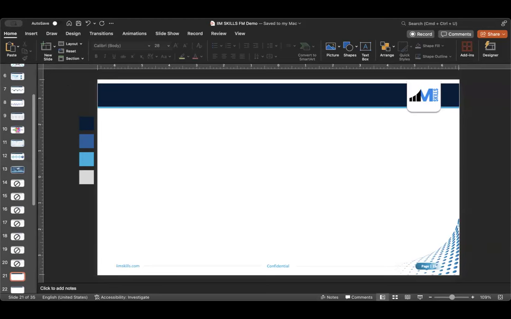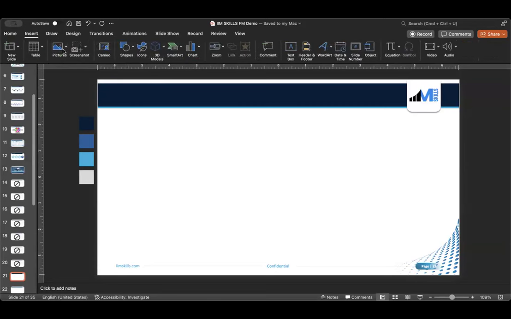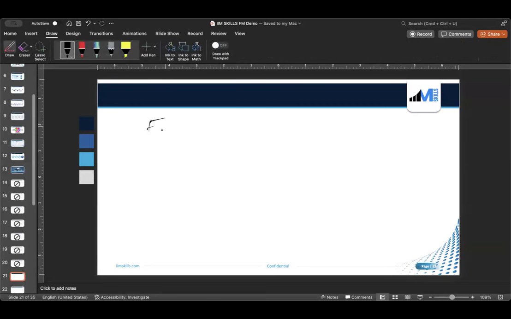Before we start with that, do you mind telling me what's your understanding of financial modeling? What is the thing that comes to your brain when you hear the term financial modeling? Feel free to post your answers in the chat box. What do you understand by financial modeling or financial model?